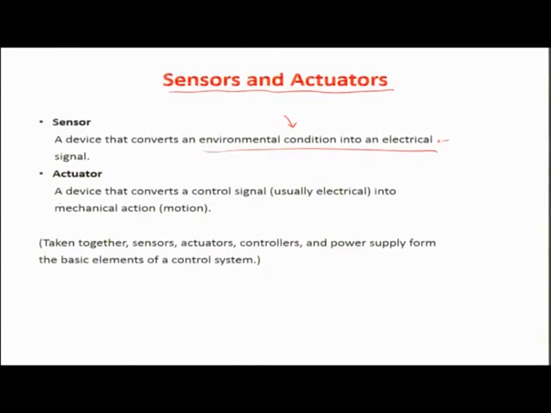An actuator, on the other hand, is a device that converts a control signal, usually electrical in nature, into a mechanical action, that is motion. It could be a motor rotating, for example, which will create rotary action. Through a linkage or a mechanism, we could transfer this action into a linear motion or maybe a periodic motion.